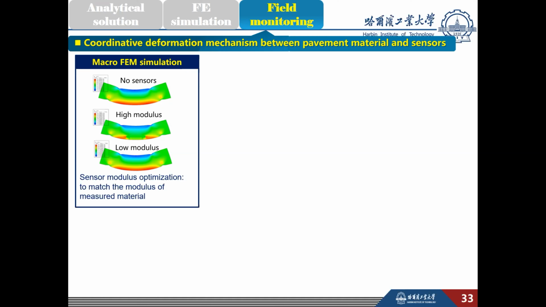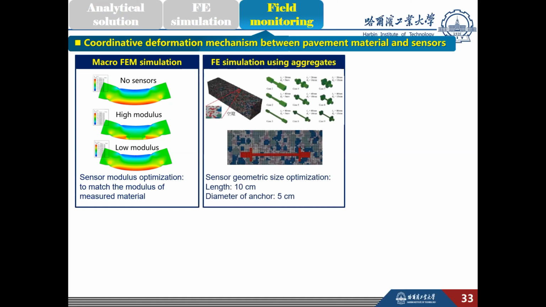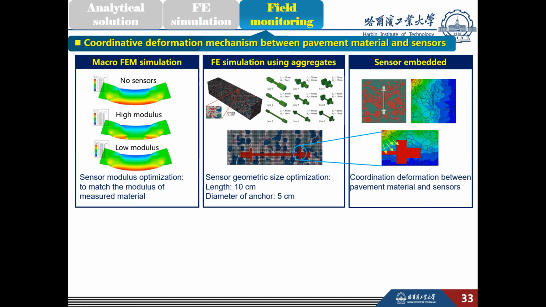The geometry and modulus of the sensor are optimized to reduce measurement variability through finite element analysis. Here, the results illustrate that the modulus of the sensor needs to match that of the measured material, and the sensor with 10 centimeters length and the anchor with 5 centimeters in diameter are proposed.